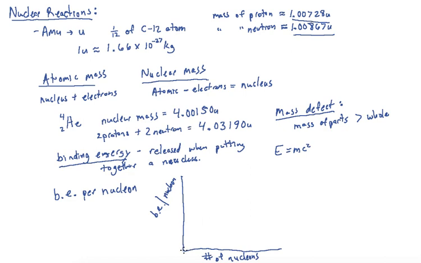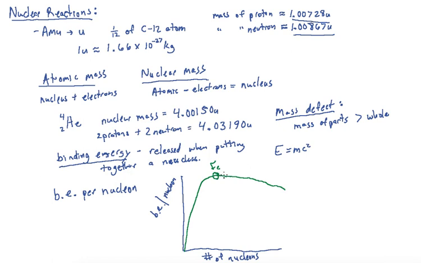There are some little wiggles in here, and this isn't a perfect drawing, but basically you start and it ramps up real fast, and then it peaks and starts to go back down like this. Okay? And at the peak of this is actually iron. Iron is there, and this makes iron a very, very stable element.